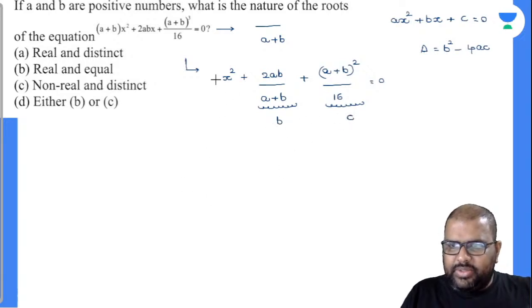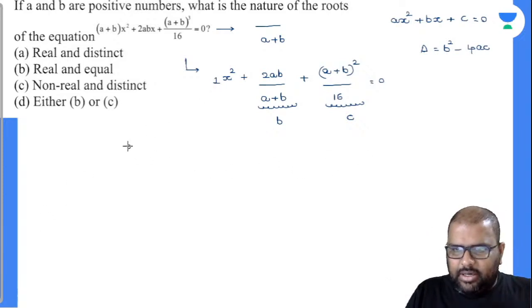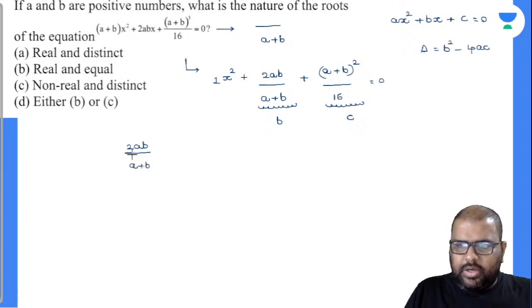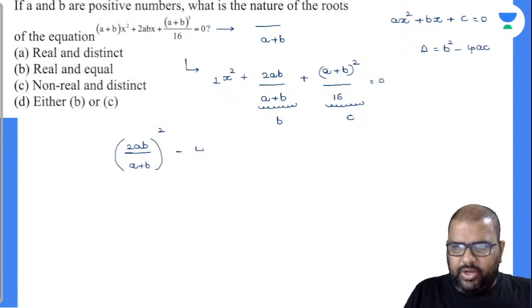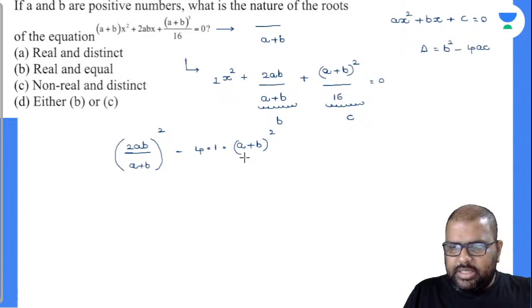Your a value is equal to 1. So delta is 2ab divided by a plus b whole square, minus 4 into 1 into c, which is a plus b whole square divided by 16.